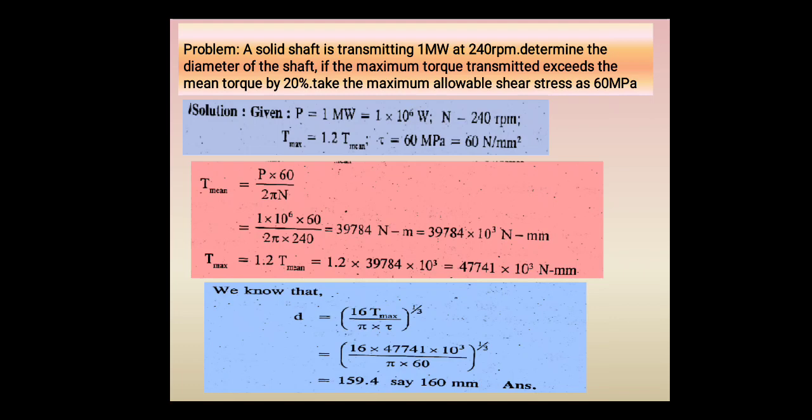Once we find the T max value, you have to substitute in the diameter formula, that is D is equal to 16 into T max divided by pi into tau, whole raised to 1 by 3. Substitute all the values in this formula, that is 16 into T max, just now we found 47,741 into 10 raised to 3, divided by pi into tau value 60, and whole raised to 1 by 3.